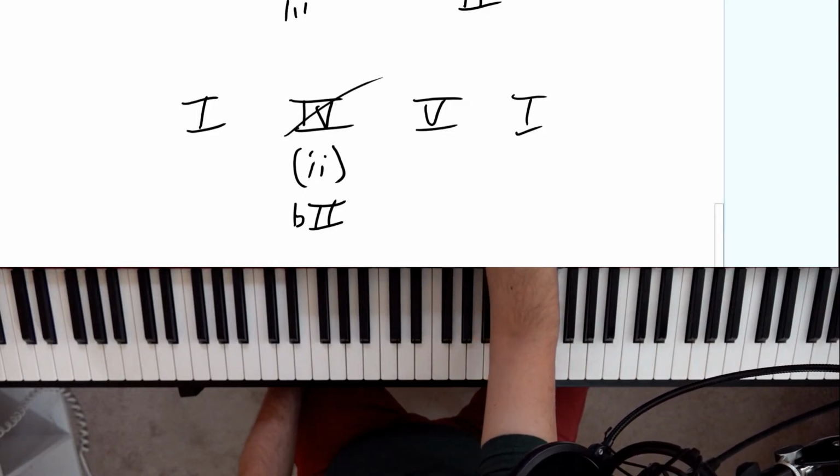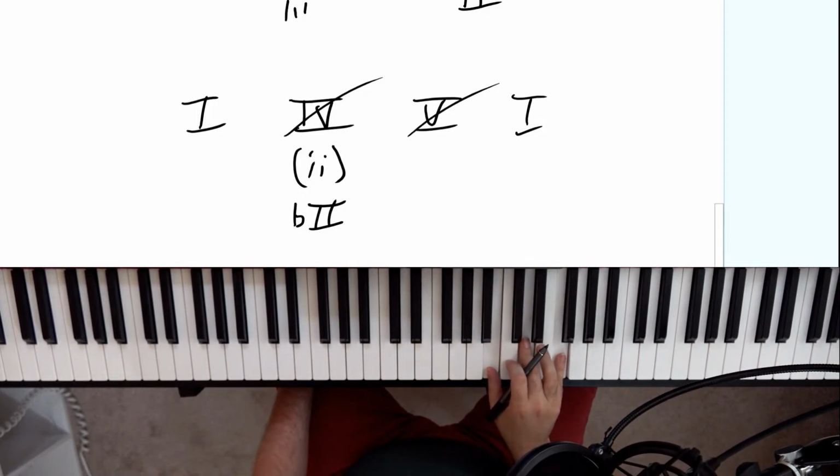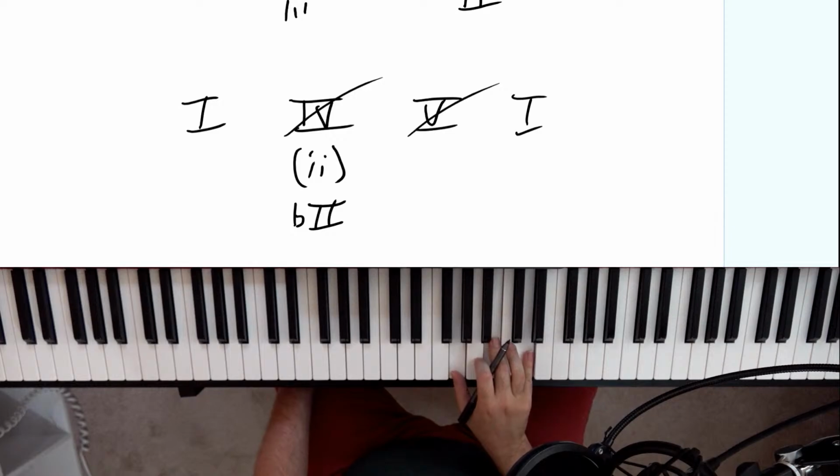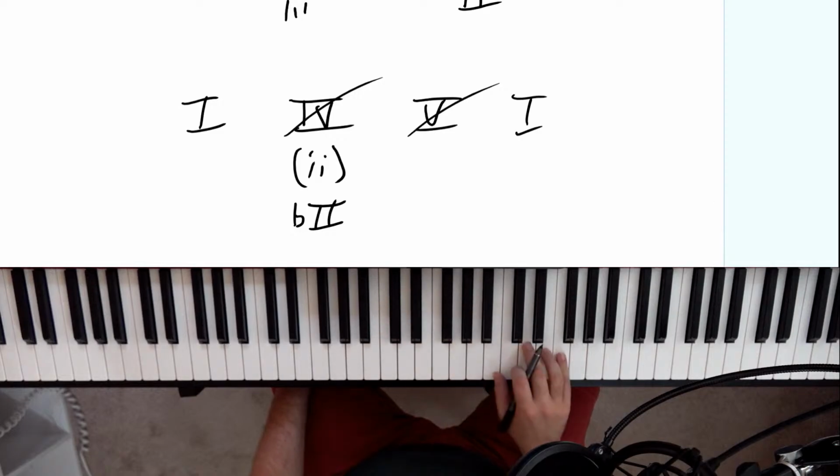And then let's say we're going to replace this 5 chord. Normally we would replace it with that diminished chord. But what we're going to do instead is, well, we could do the 5 of 5 there too, huh? All right, this is what we're going to do instead.